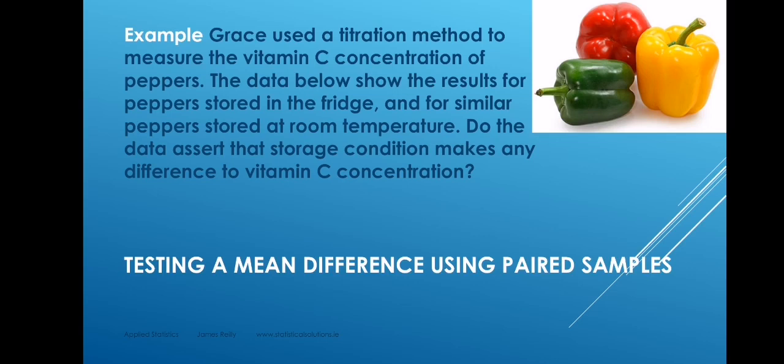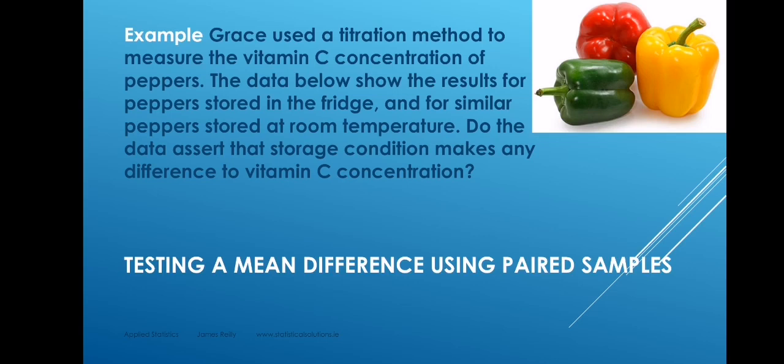It is preferable, if possible, when comparing two populations, to use paired data. For example, what we're looking at here is the vitamin C concentration of peppers that are stored in the fridge and peppers that are stored at room temperature.